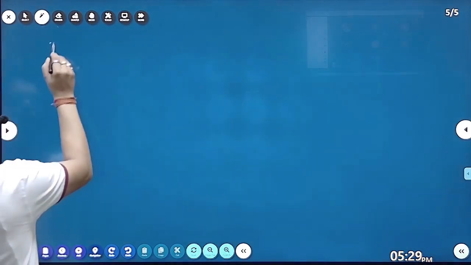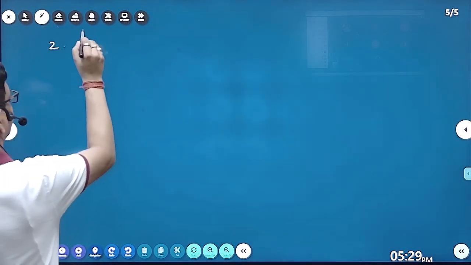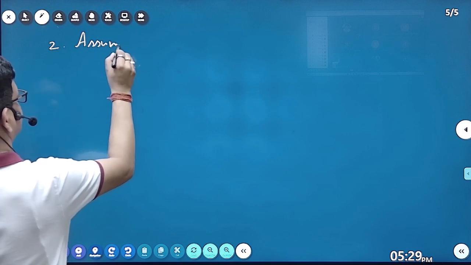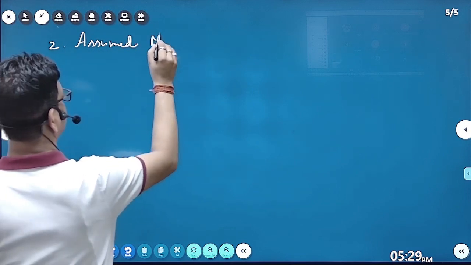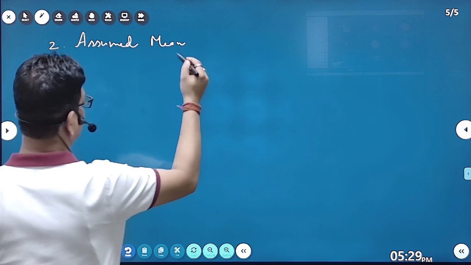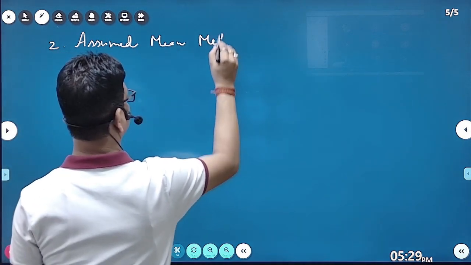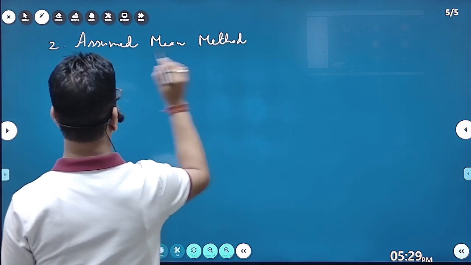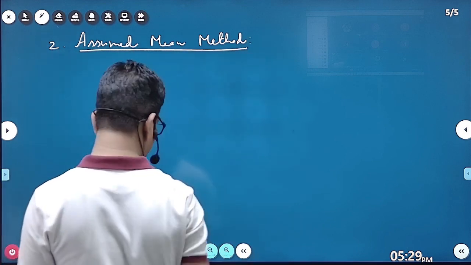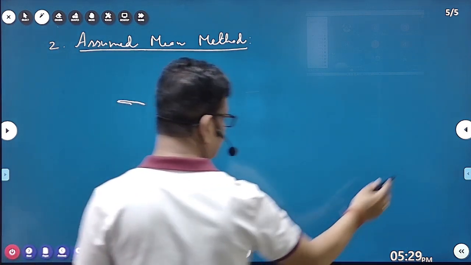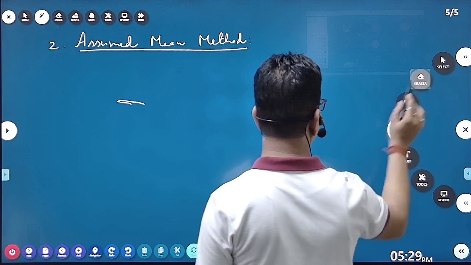Number 2. Once again, for group data, it is the assumed mean method. They also say shortcut method. It is almost similar to what you have done a few minutes back. Actually, these things are more or less known to you. From dispersion, it might be a little different, so I'm going a little faster.